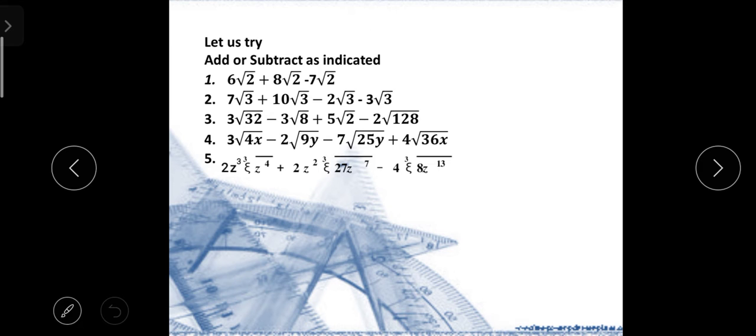Okay, dapat sunod-sunod din. So, add or subtract as indicated. 6 square root of 2 plus 8 square root of 2 minus 7 square root of 2. So, kapag kaganyan po, di ba, yung radical form ay napapalitan natin siya ng exponential form.